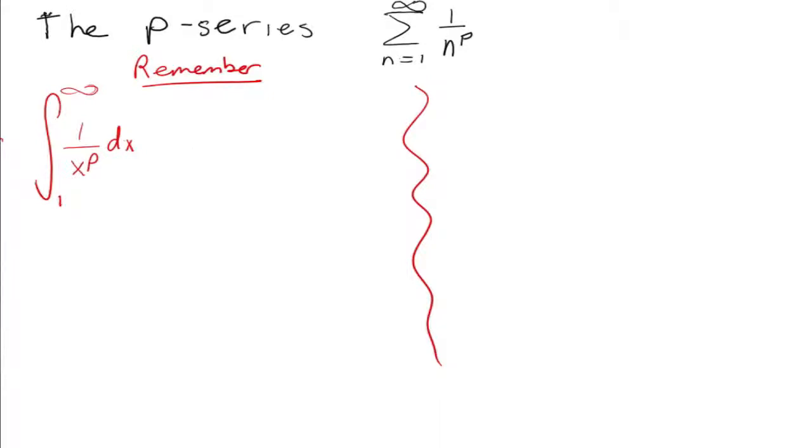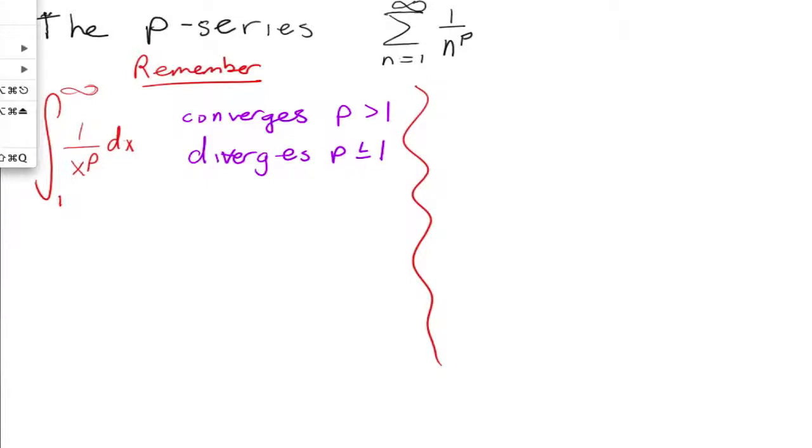So this one converges for p greater than 1, and then it diverges for p less than or equal to 1, right? You guys remember that? Yeah.